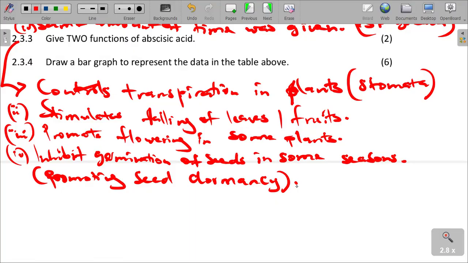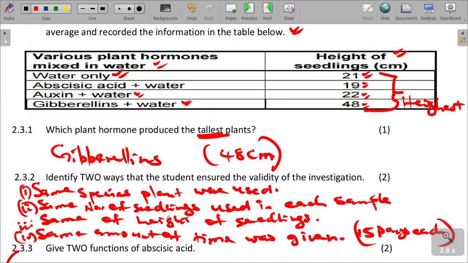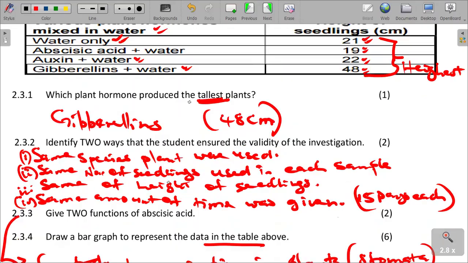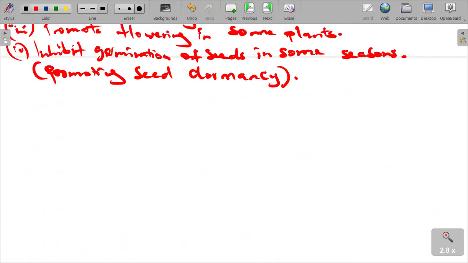And then draw a bar graph to represent the data on the table above. We are going to draw a graph showing the effect of various plant hormones on growth of corn seedlings. So the graph must have a title.